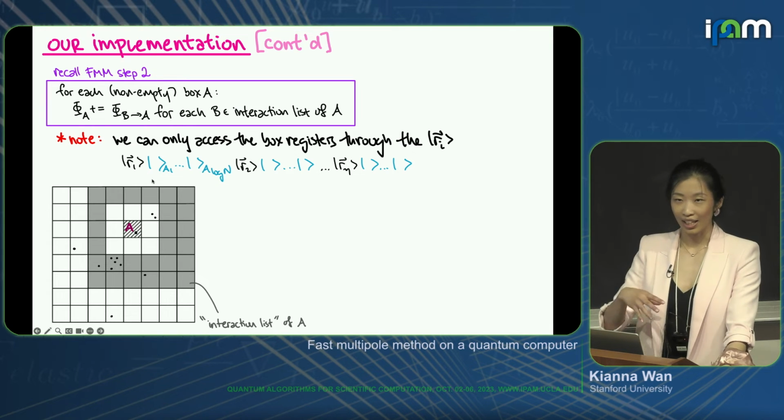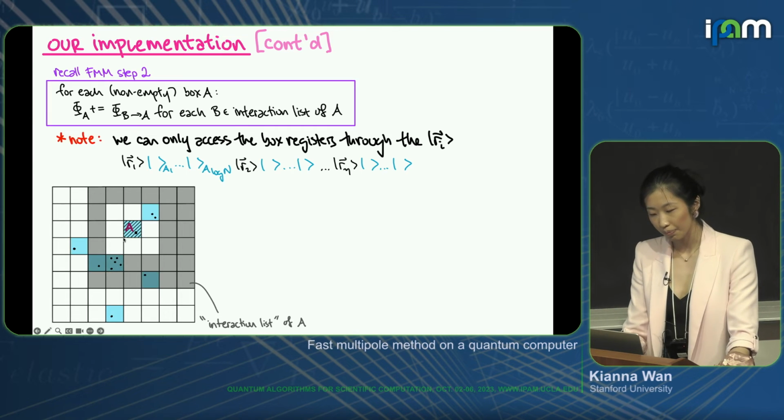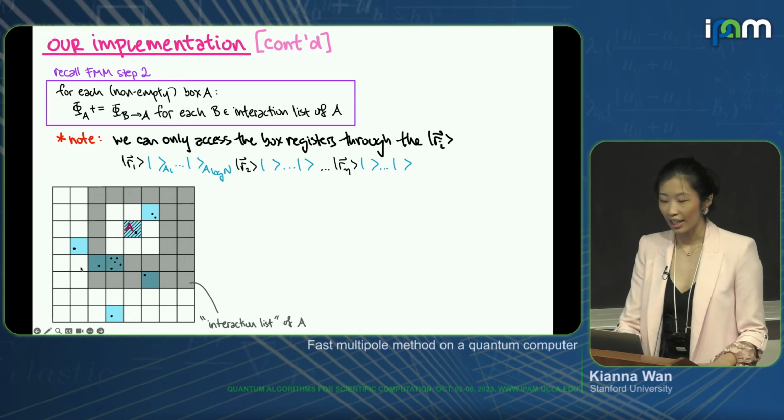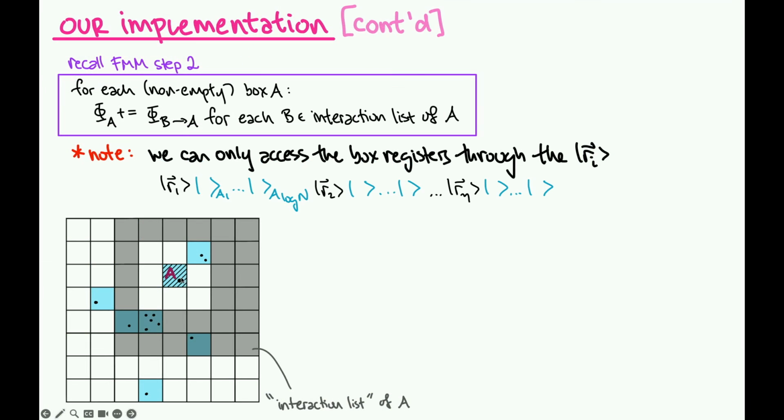We can't directly look up a box and see what electrons are in it, for instance. So the picture you should have in mind isn't so much that we have this full grid of boxes, but rather we only have registers corresponding to these boxes that actually contain electrons. And moreover, these registers are attached to the electron position registers. So in this sense, we can only access the information about a particular box through the electron position it's attached to.